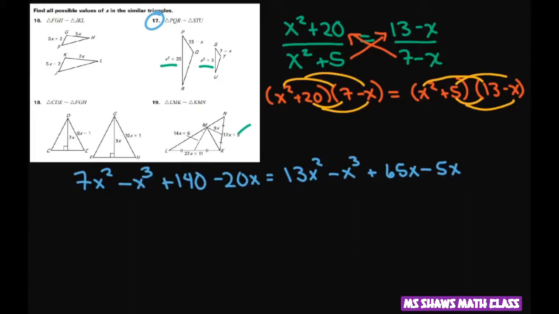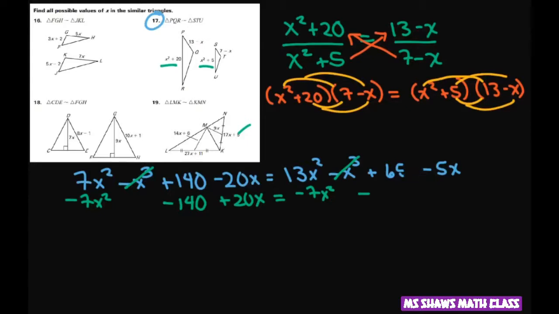Now what happens is you add x cubed to both sides, these will go away. So that makes it nice. So what I'm going to do is subtract 7x squared, subtract 140, and add 20x to both sides. Let's see, this should have just been 65, not an x.